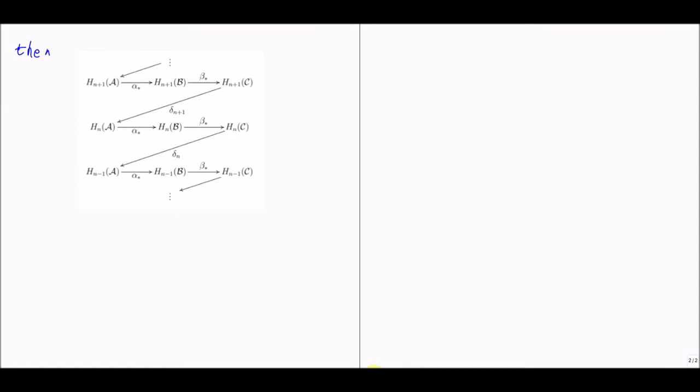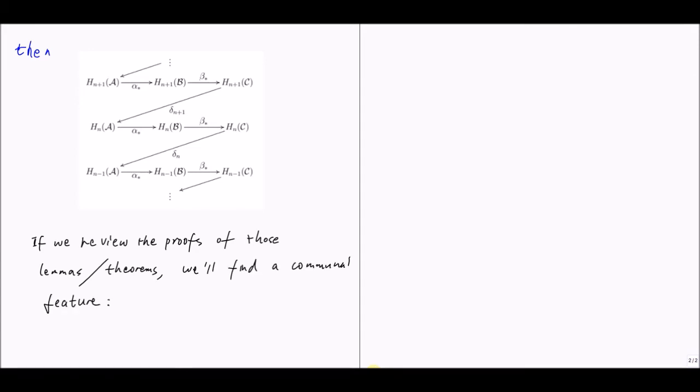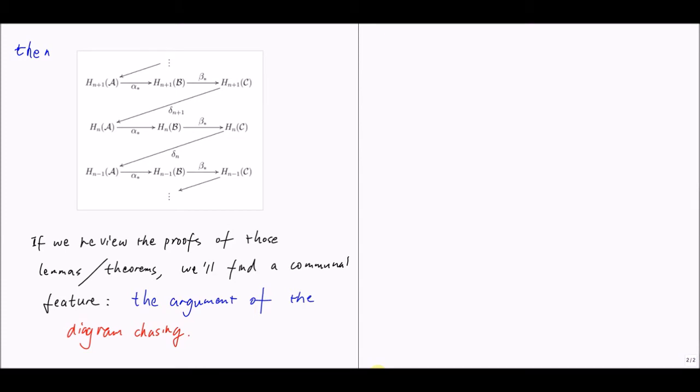If we review the proof of all of those lemmas or theorems, we will find there's a common feature in their proofs. This common feature is the element-wise diagram chasing. Actually, in homological algebra, there's a miscellaneous collection of propositions using the diagram chasing argument.